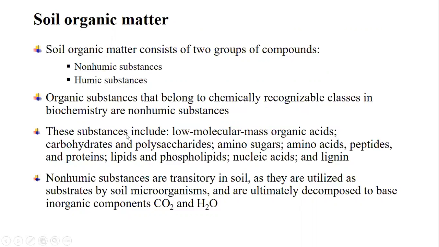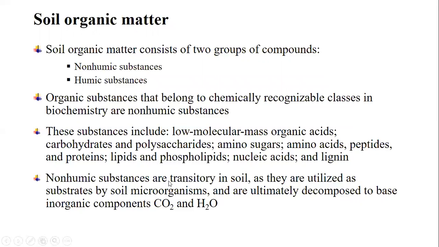We will name some of them. These substances include low molecular mass organic acids, carbohydrates, polysaccharides, amino sugars, amino acids, peptides, proteins, lipids, phospholipids, nucleic acids, and lignin. All of these and some others too belong to recognizable biochemistry substances, compounds, or materials.